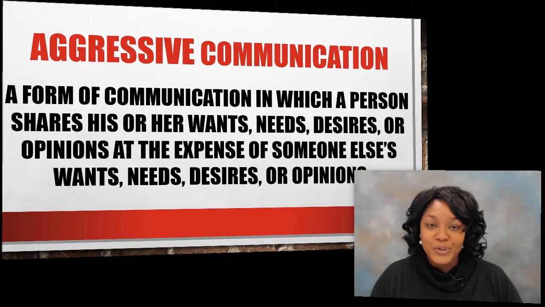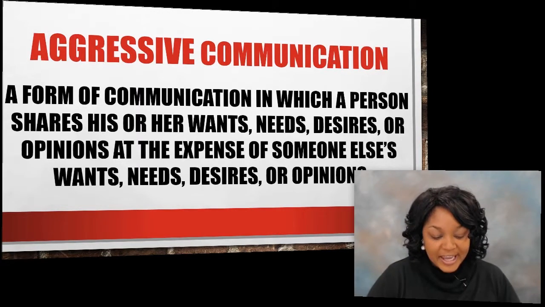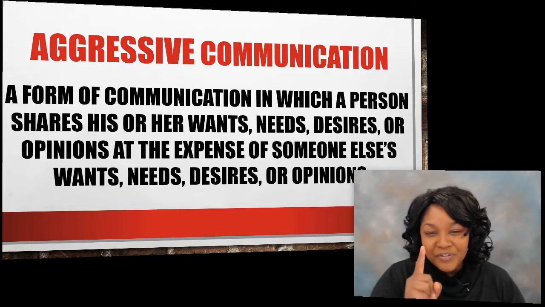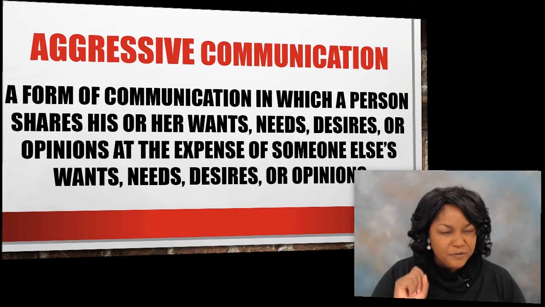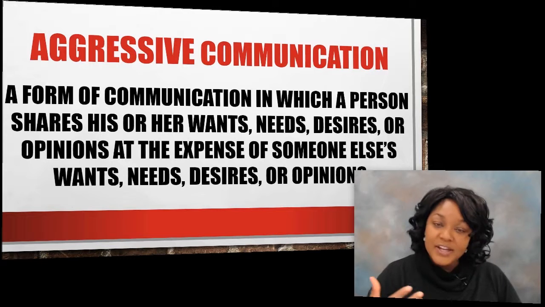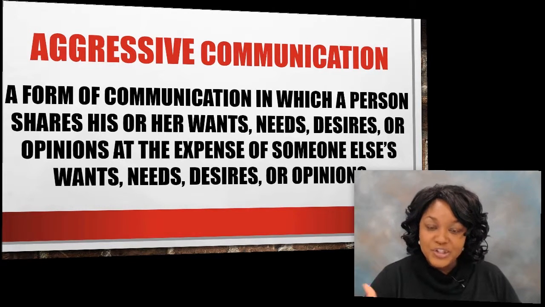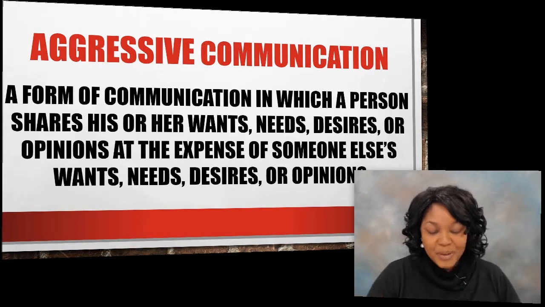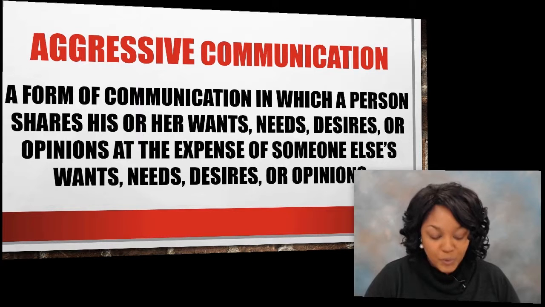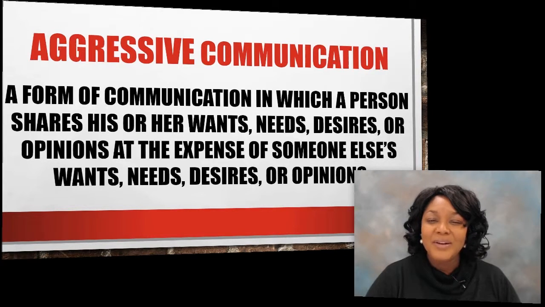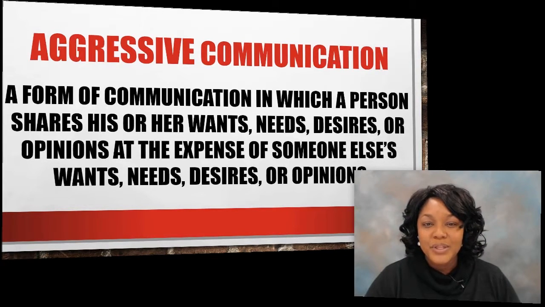Some nonverbal cues for aggressive communication include pointing your finger and frowning a lot, or staring someone down, being critical of other people, being loud in your delivery, yelling, and being very fast and clipped with their speech.